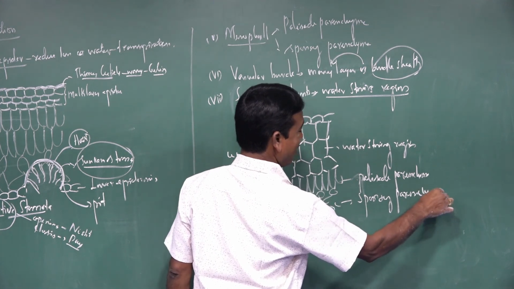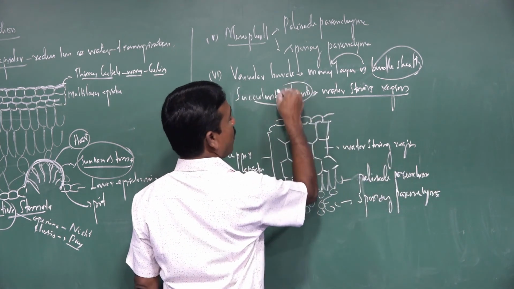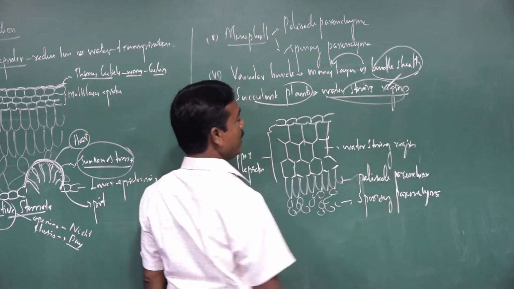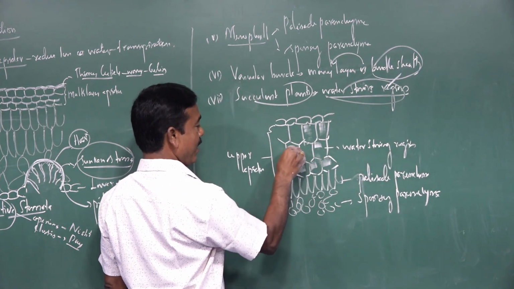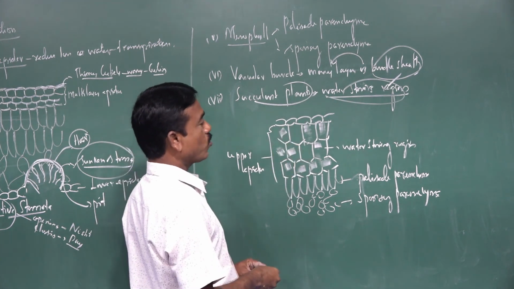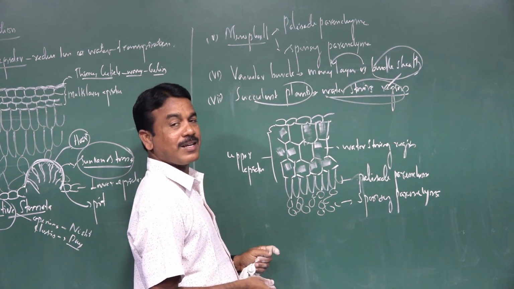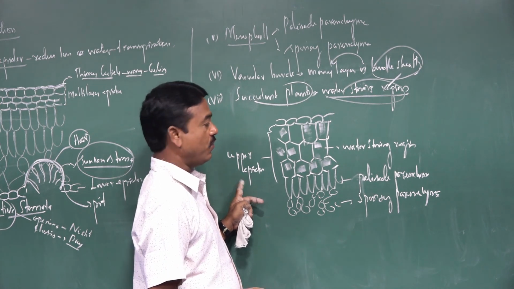So here, in succulent plants, water storing regions generally occur only in the upper epidermis. So these are the anatomical characteristic features in xerophytes.